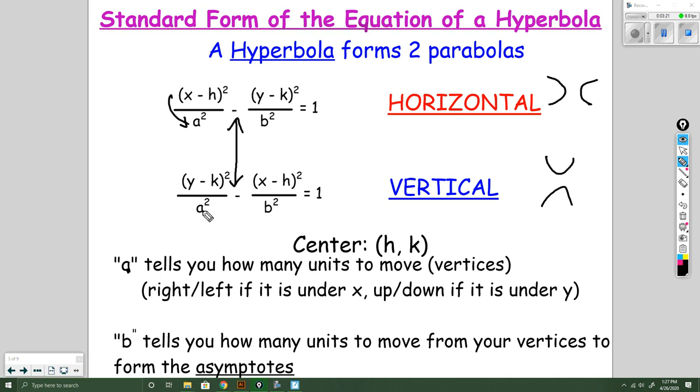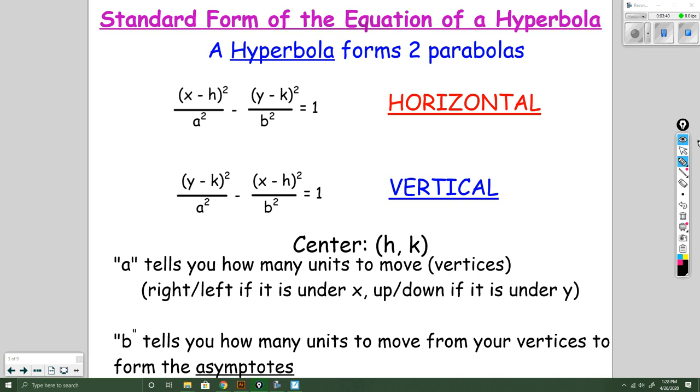However, if y is first, then a tells us how many units we go up and down. Then b tells us how many units to move from our vertices to form the asymptotes. In other words, if a is going to the left and to the right, b is going to tell us how much to go up and down, and vice versa for a vertical hyperbola.